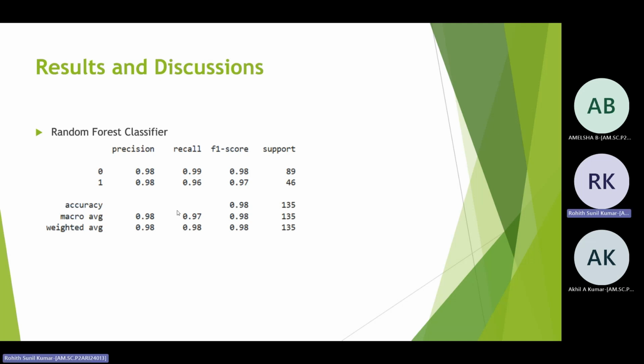The accuracy is 98%, and the macro average for precision, recall, and F1 score is 98%, 97%, and 98%. The weighted average for precision, recall, and F1 score is 98% for all three of them.